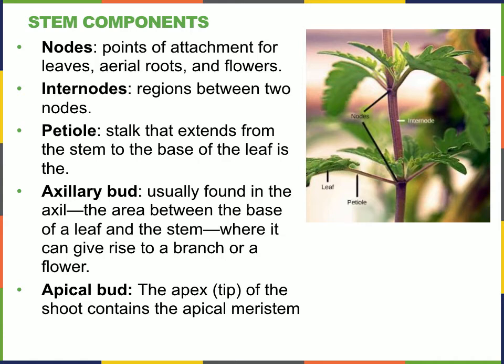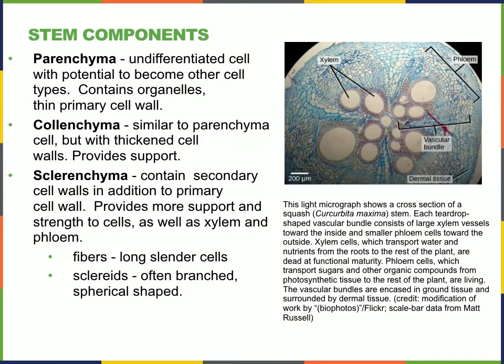They grow from the apical portion, or apical bud, or apical meristem, which is the tip of the stem and contains one of the most rapidly growing parts. But they also have axillary buds, which leaves branch off of. And then there's also lateral meristems that will produce growth in width.